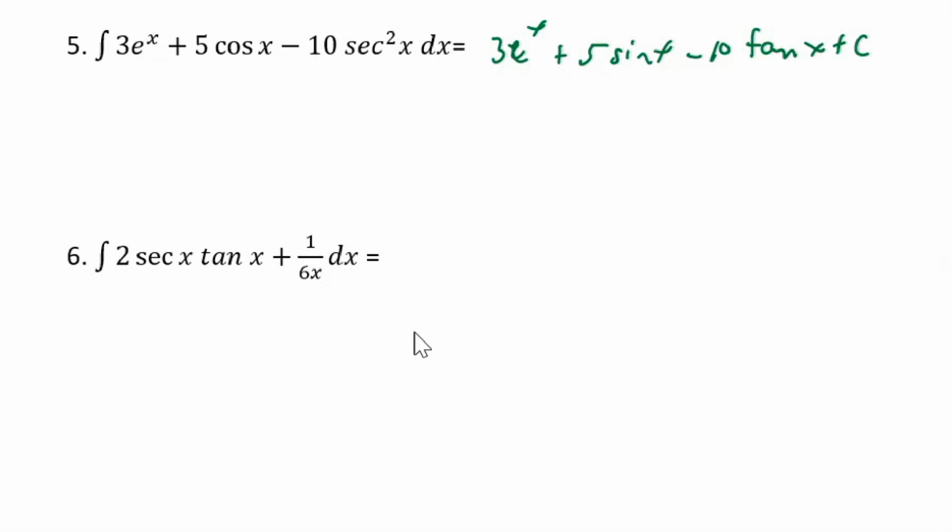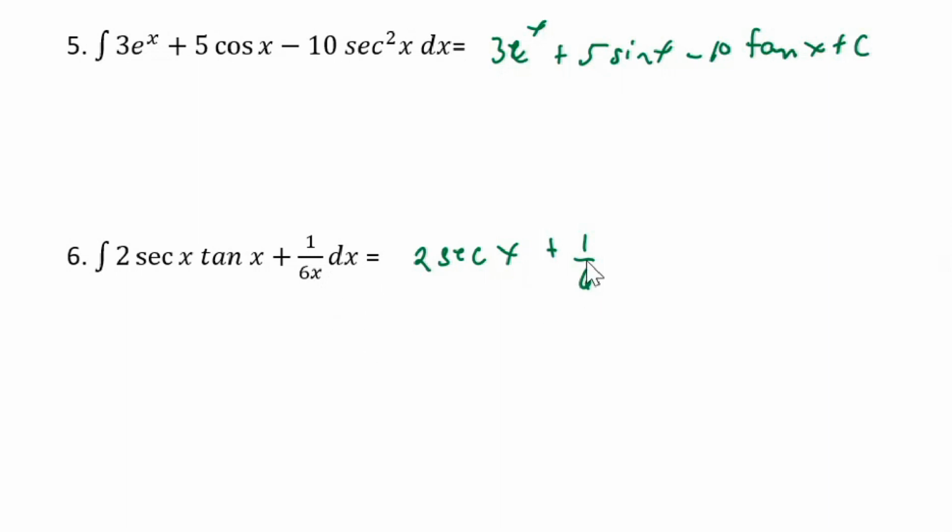And then for number 6, the integral of 2 secant x tangent x plus 1 over 6x dx. Let's write first 2 as a constant multiplier. So we have 2 times the integral of secant x tangent x, which is secant x, plus a constant multiplier of 1 over 6, and the remaining term is dx over x.